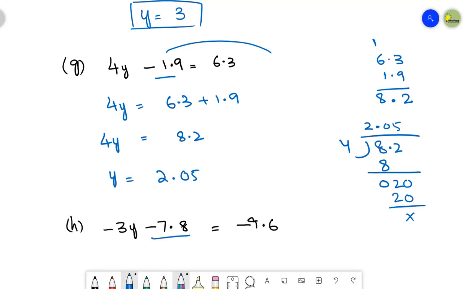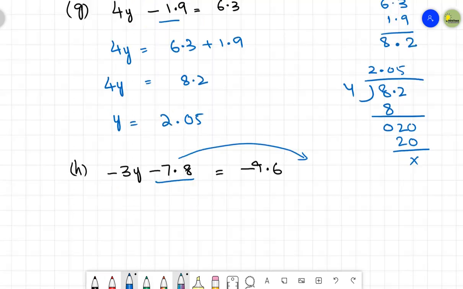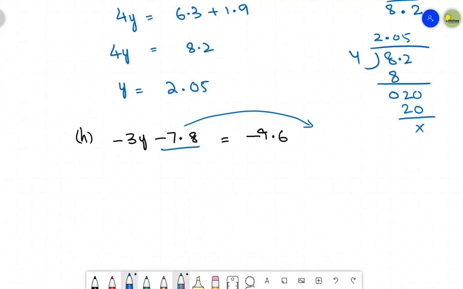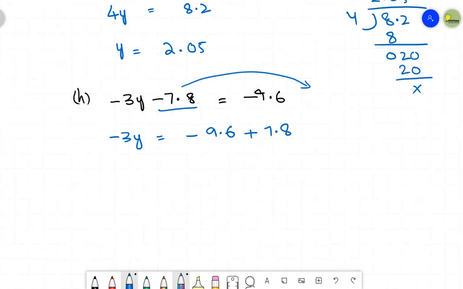This is independent of y. You need to shift it to the other side and minus 3y remains over here. Minus 9.6, now it will be plus 7.8. Why? Because 7.8 was with minus sign over here. When you are going to shift it to the other side, it becomes plus 7.8.